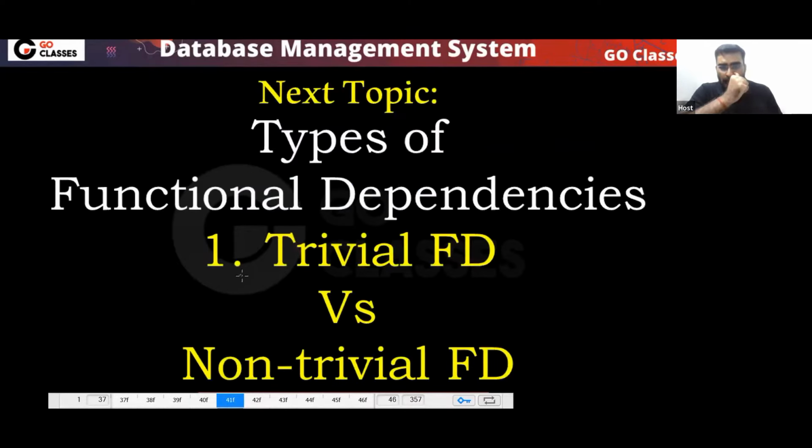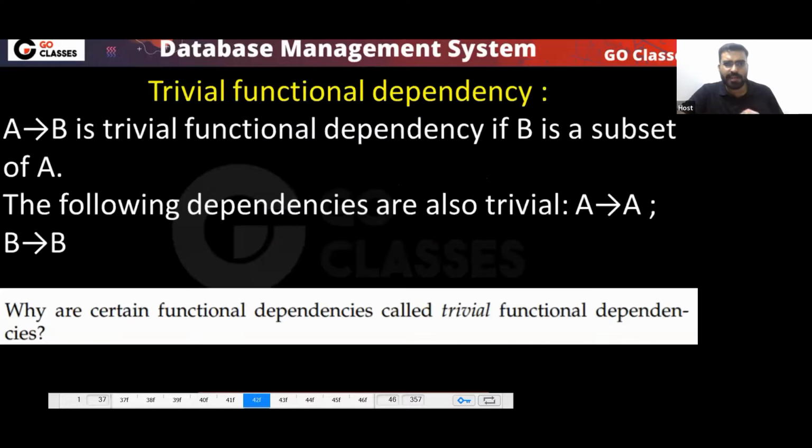Now what is a trivial functional dependency? A trivial functional dependency is one that will be present in every relation. For example, A determines A. If I give you the value of A, can you find the value of A? Of course. Very simple. Now if I give you the value of AB, can you find the value of A?